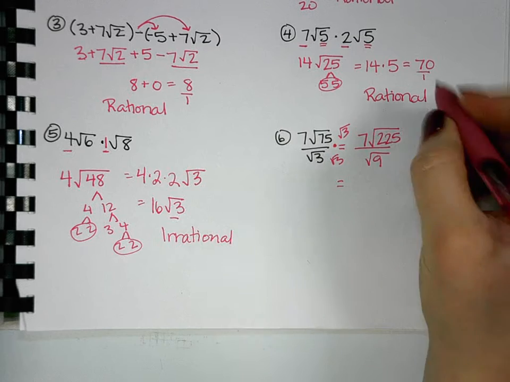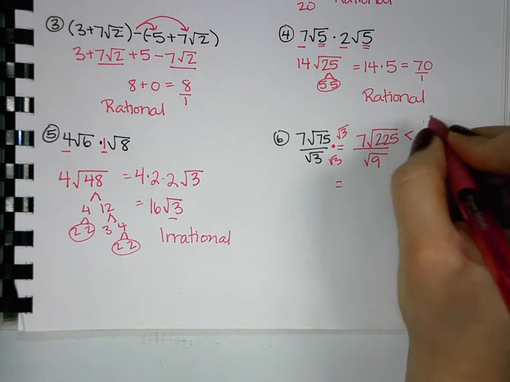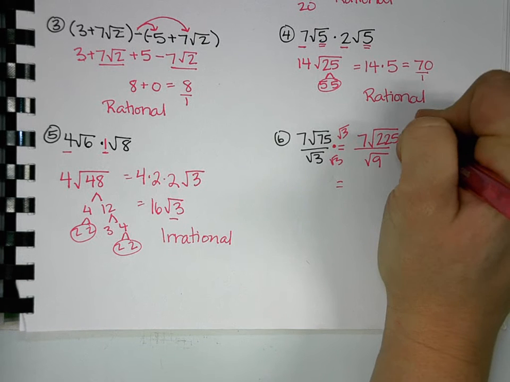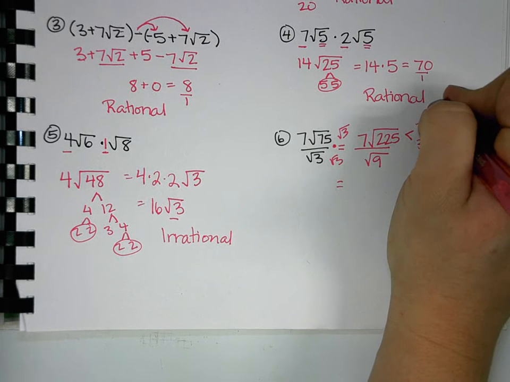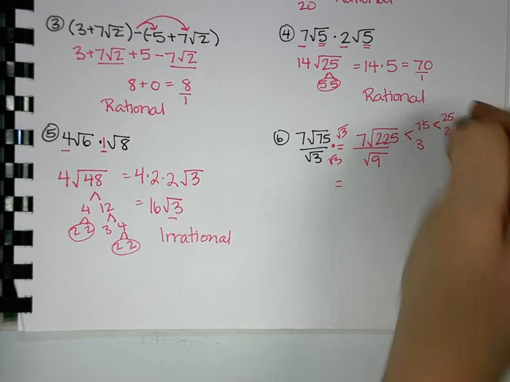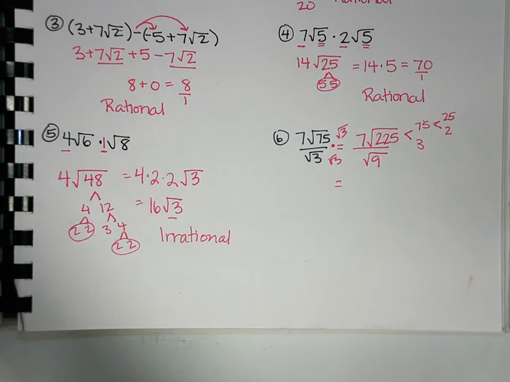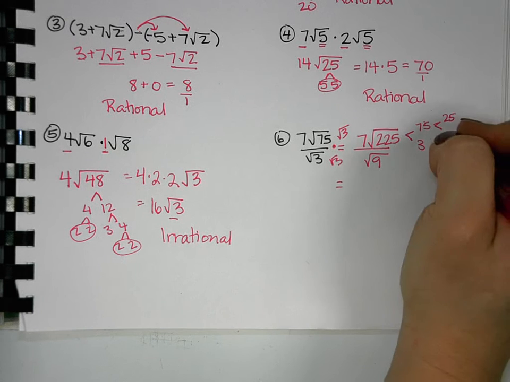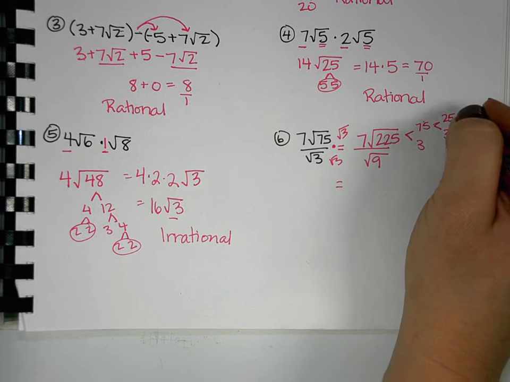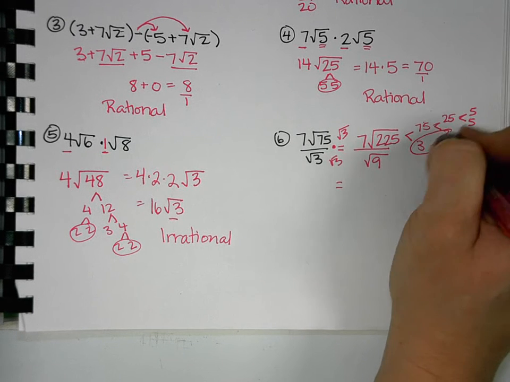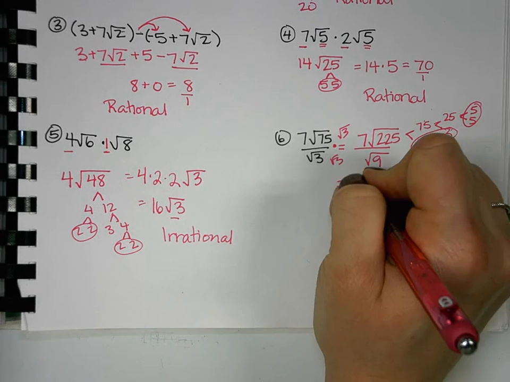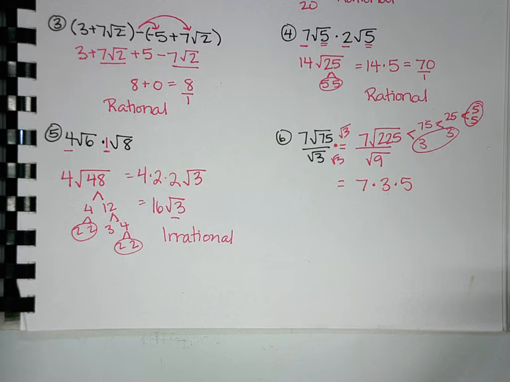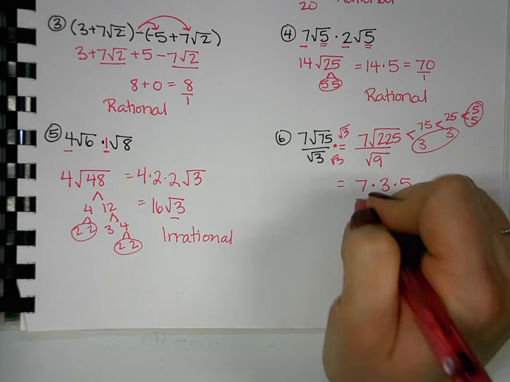Square root of 225, let's see, we can break that down into 75 times 3. 75 is 25 times 3. And then 25 is 5 times 5. So I have a pair of 3's and a pair of 5's. So that'll become 7 times 3 times 5. There's nothing left over, meaning it was a perfect square.